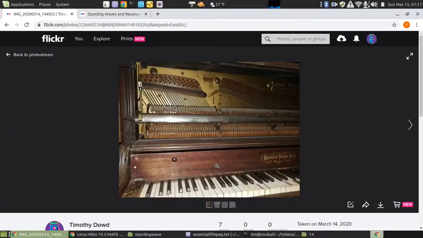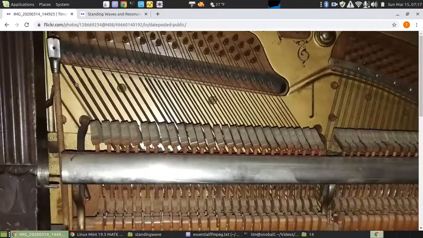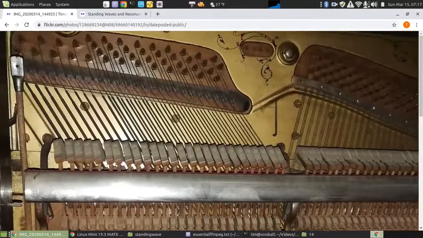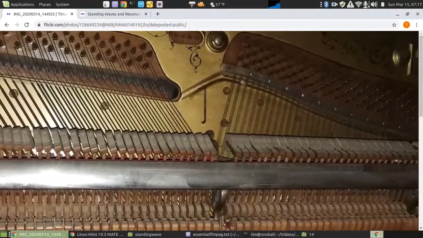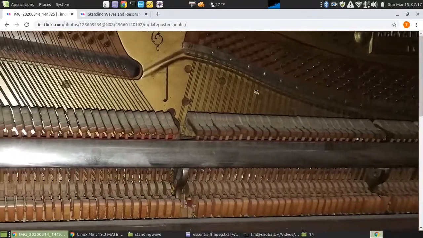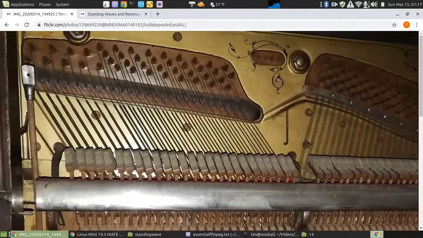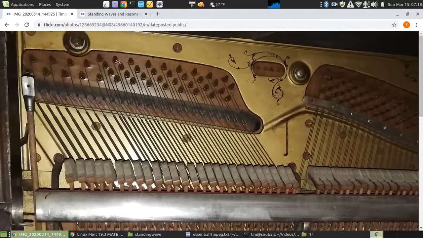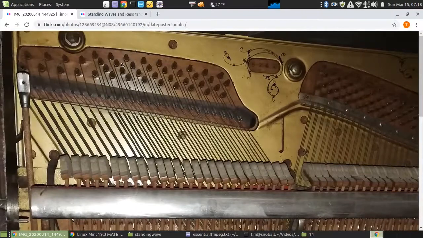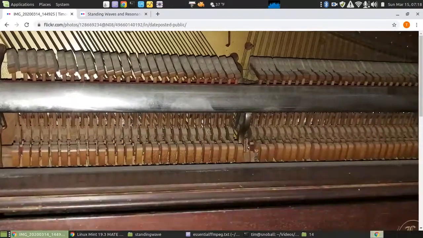With a piano, there's at least 3 ways to change the natural frequency of the strings. The first is we change the diameter, so you can see that as I move to higher notes, the diameter of the string gets less. You can change the tension, so we could tighten or loosen them with these pegs here. And you can change the length.